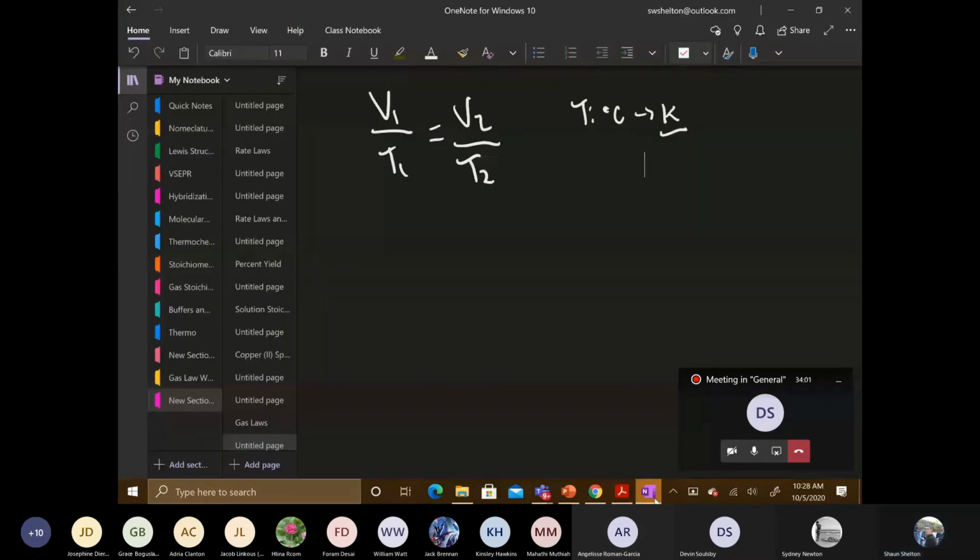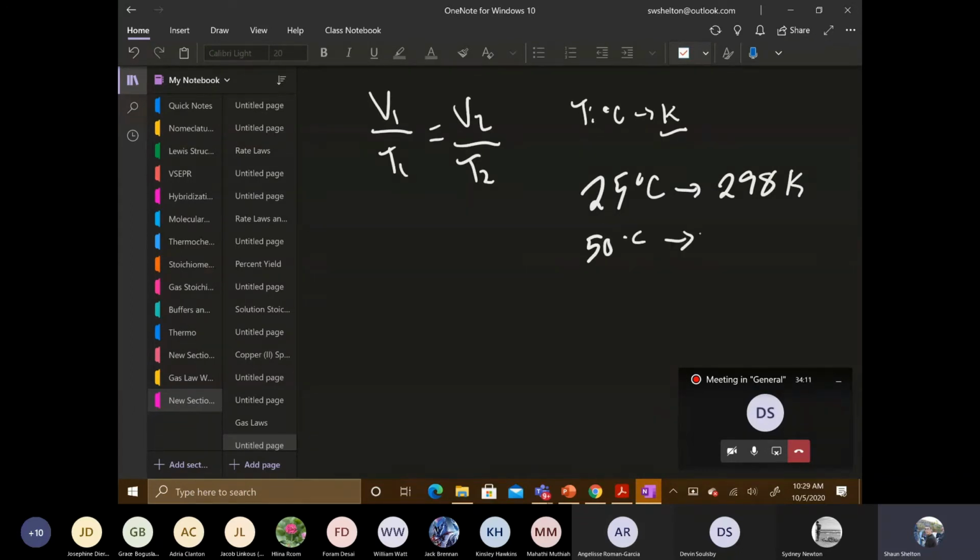So converting that into Kelvin, 25 degrees Celsius is 298 Kelvin. And then 50 degrees Celsius is going to be what, 348 Kelvin, is that right?